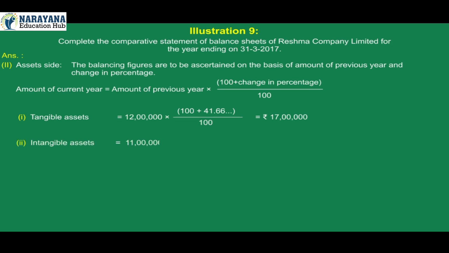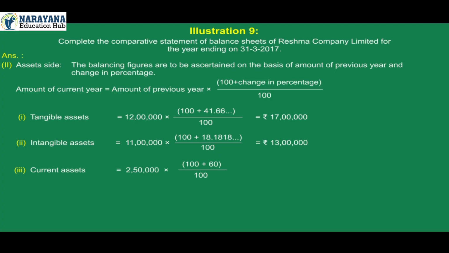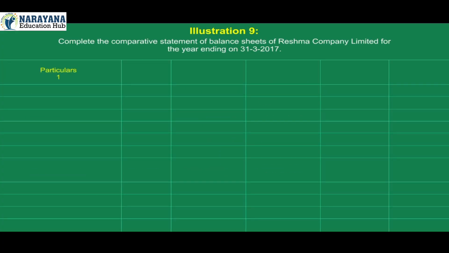Intangible assets is equal to 11 lakh into 100 plus 18.1818 divided by 100 is equal to rupees 13 lakh. 3. Current assets is equal to 2 lakh 50,000 into 100 plus 60 divided by 100 is equal to rupees 4 lakh.